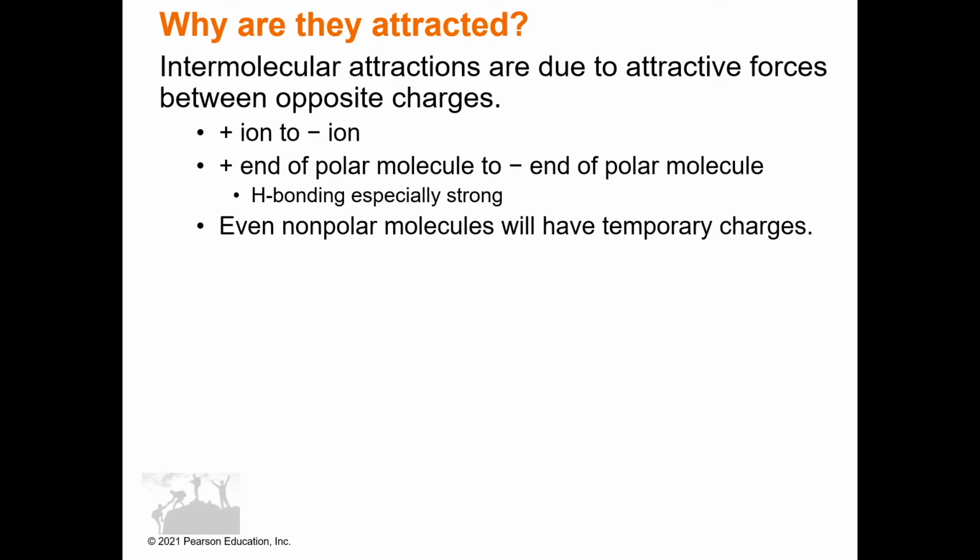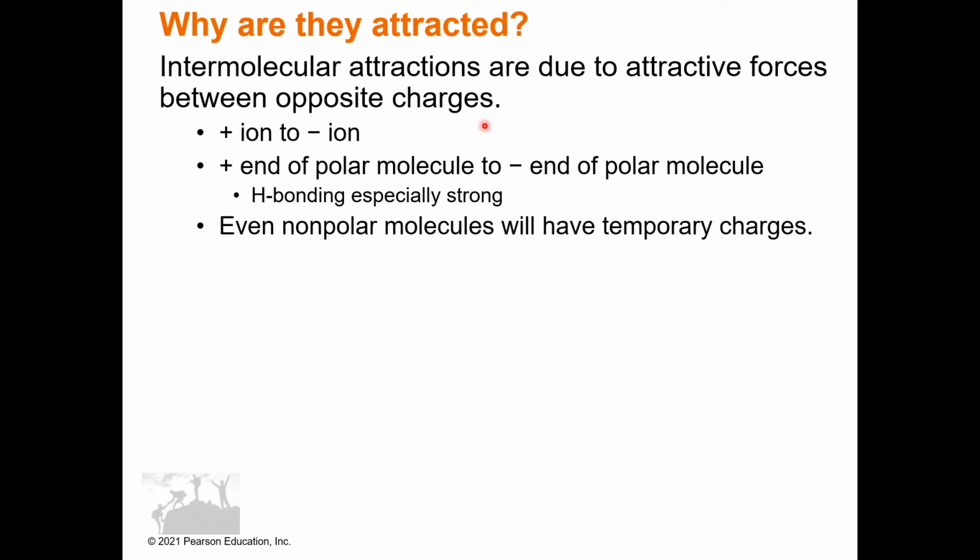So just think of opposites attracting each other when we're taking a look at intermolecular attractions and their strengths. If we start off with ions, the cation is going to be attracted to the anion. We already know that. Now, let's go into molecules, so not ions, molecules that are polar.